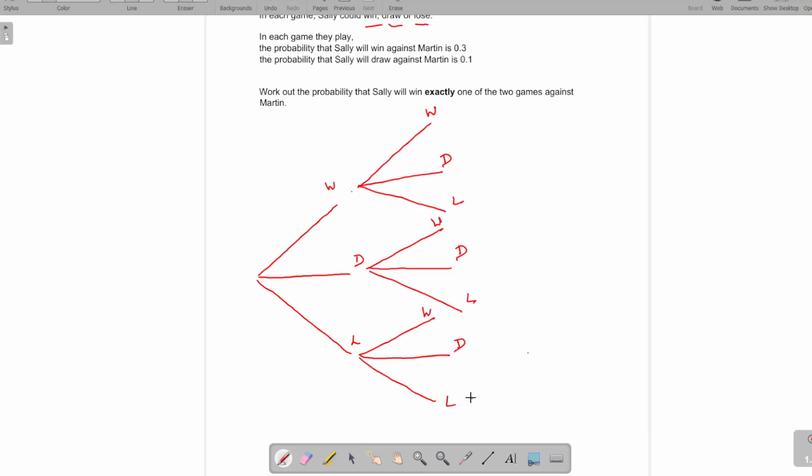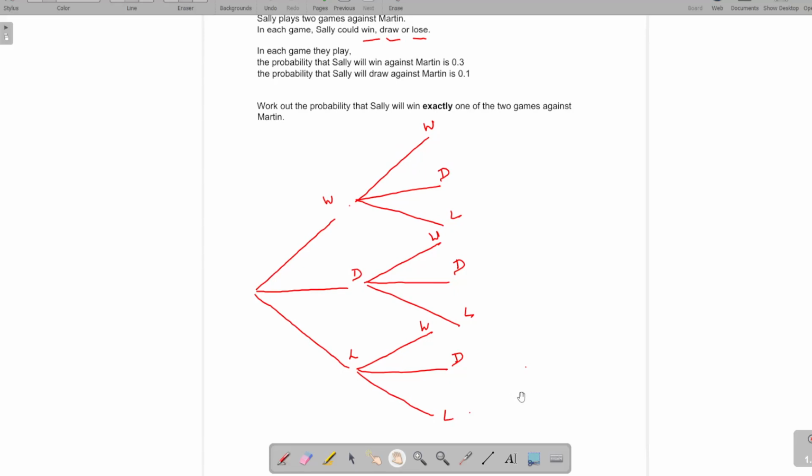Okay, let's put the numbers there. In each game they play, the probability that Sally will win against Martin, so that is Sally, that is Martin. No, that is first game, the second game. Let's mark it that way. First, second game.